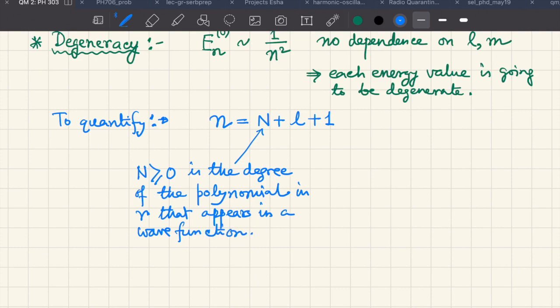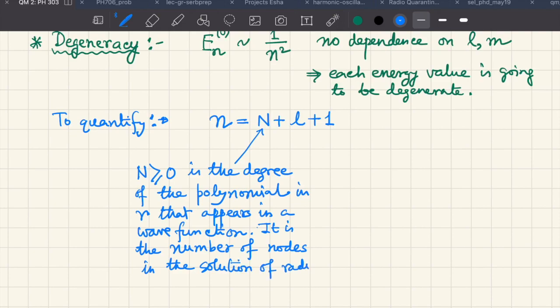In fact, it is nothing but the number of nodes or zero crossings in the solution of the radial equation for the hydrogen atom.